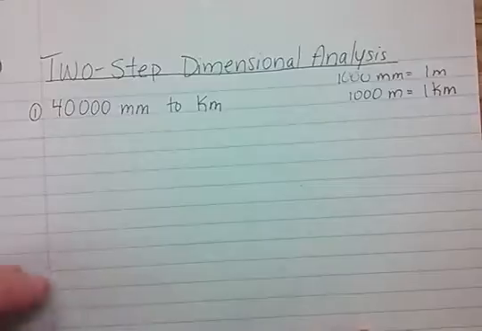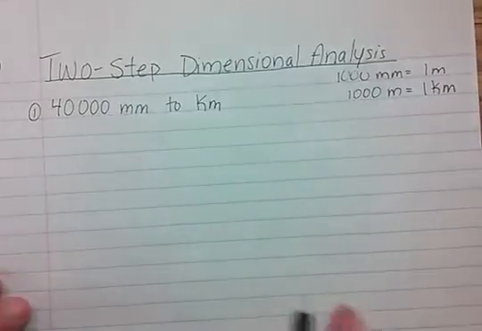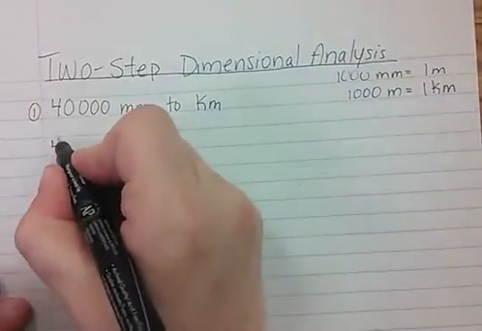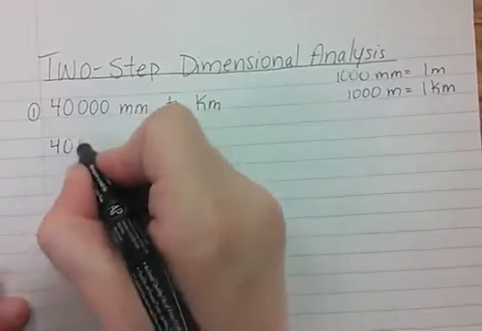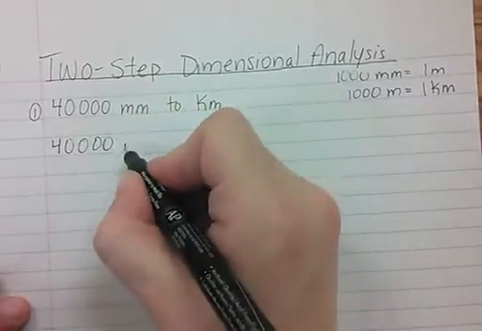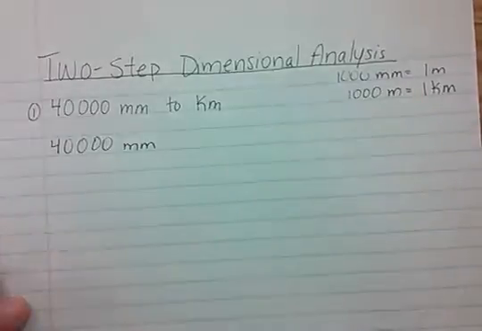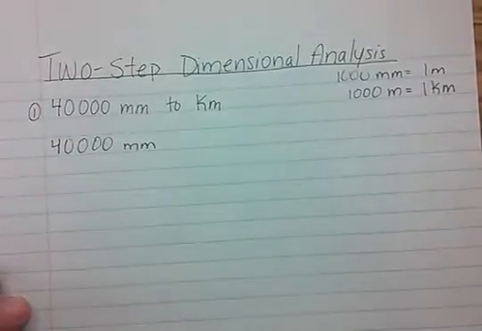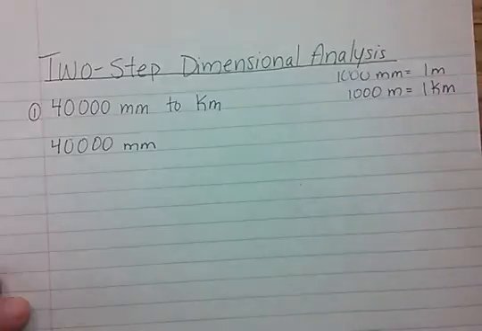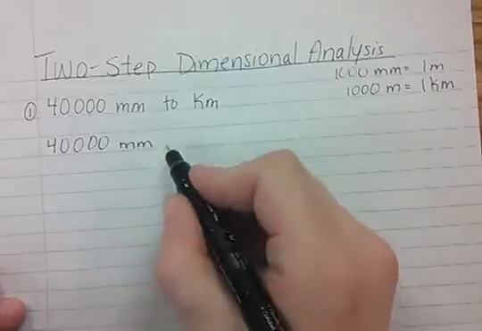The next thing we do is write down what we're converting on the left-hand side of our page. Next, we want to set up as many fractions as we have conversion factors. And this is two-step dimensional analysis, so we've got 2 conversion factors.